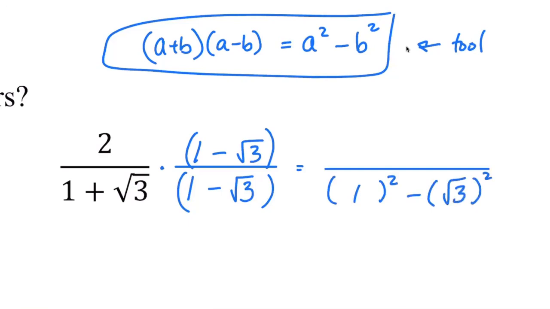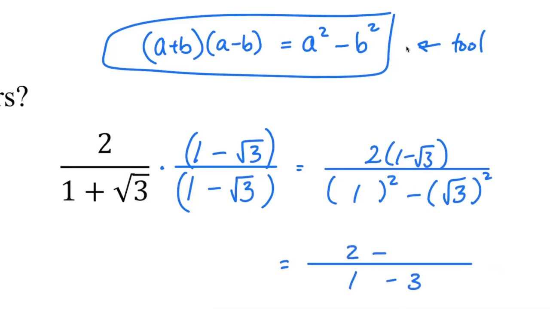And by doing so, what do we have in the denominator? 1 squared is just 1. Root 3 squared, that's just 3. And you can see that the square root is gone. There's no more square root in the denominator.